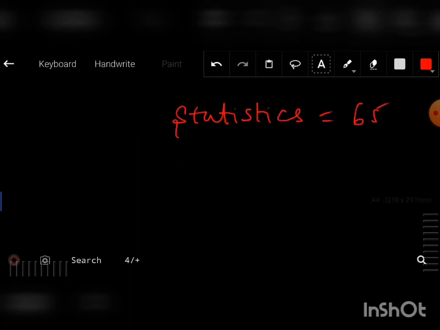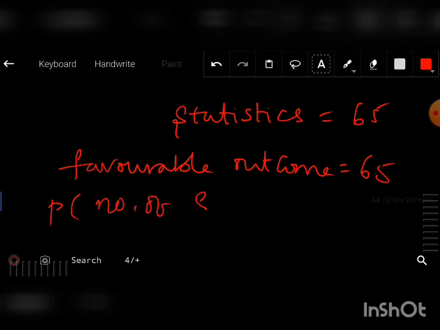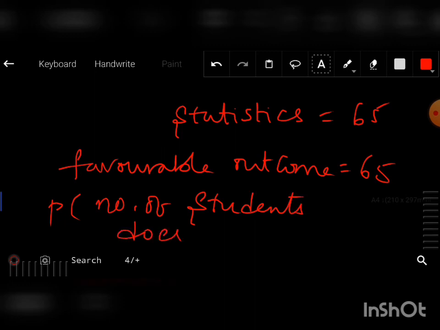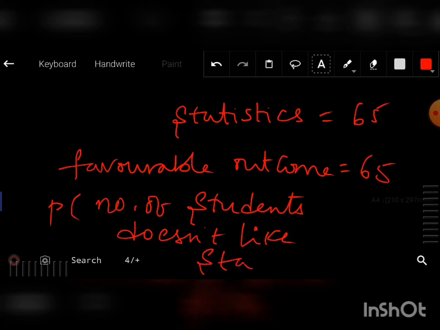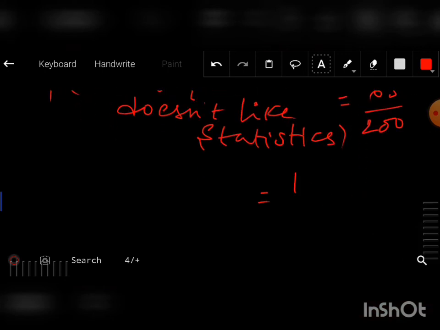So the favorable outcome will be 65. Probability of the number of students who don't like statistics equals favorable outcome by total outcome, that is 65 by 200, equal to 13 by 40.